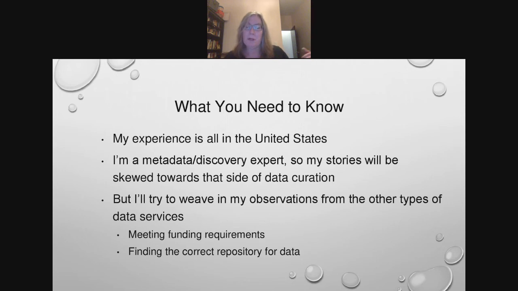So what I'm talking about is from the US perspective. I am a metadata discovery expert from the time I graduated library school and don't have a lot of experience in the liaison role, but I'll try to cover that perspective because most research data teams are fairly small, and so everybody does a little bit of everything.